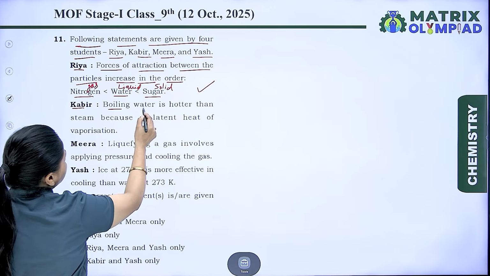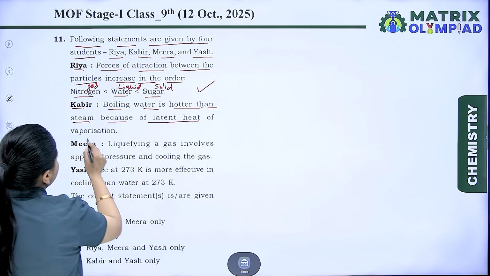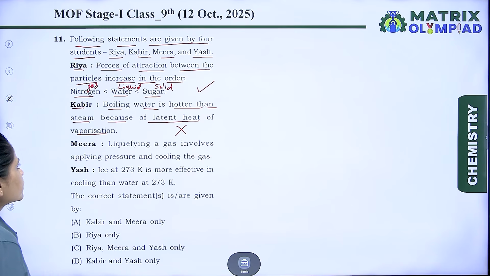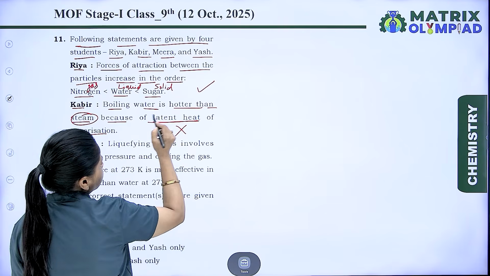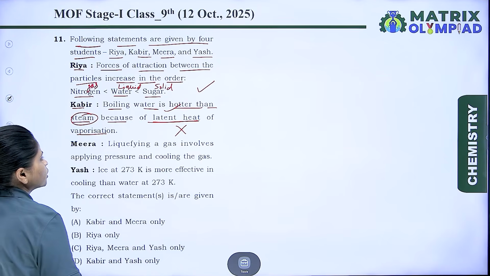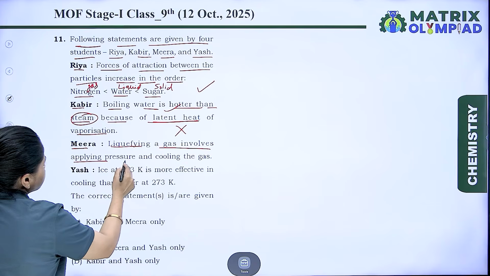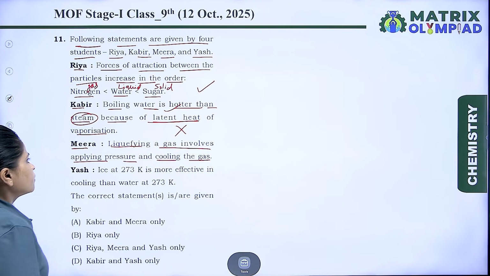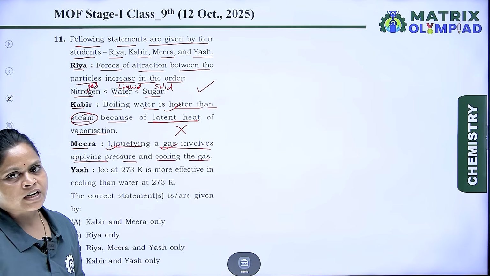Kabir: boiling water is hotter than steam because of latent heat of vaporization. No, this is an incorrect statement given by Kabir because steam has latent heat of vaporization and is hotter than boiling water. Meera: liquefying a gas involves applying pressure and cooling the gas. Yes, Meera said well because liquefying a gas involves applying both pressure and cooling.